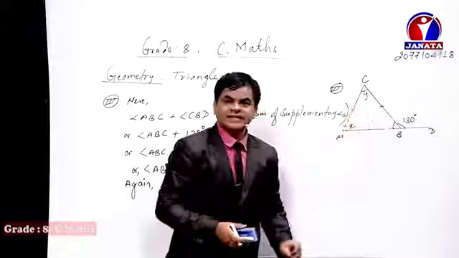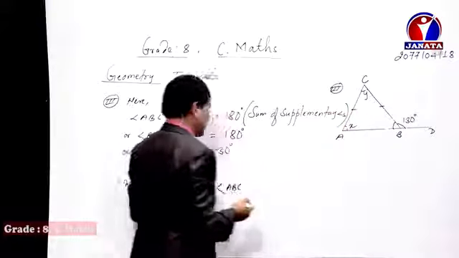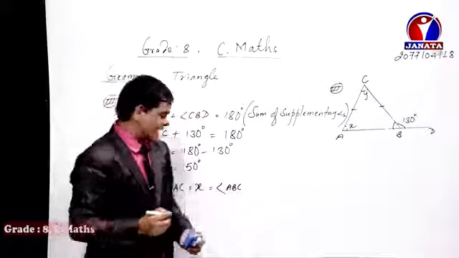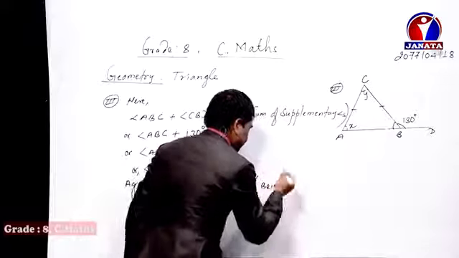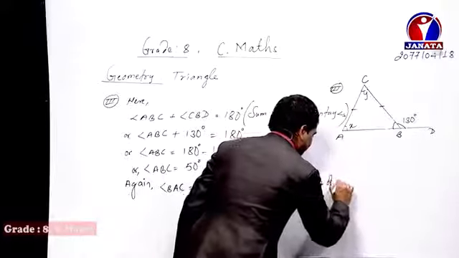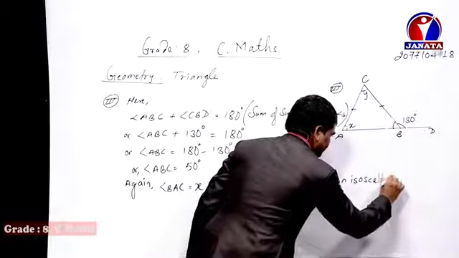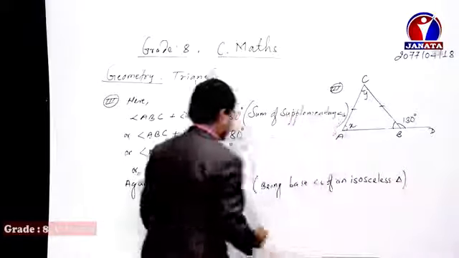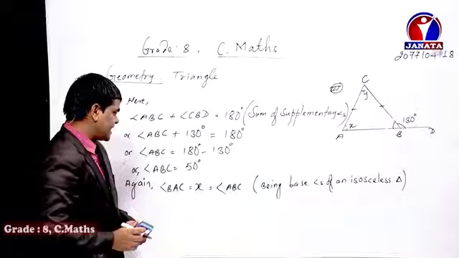Because there is the sign of two sides being equal to each other. As a result, it is an isosceles triangle. And right here, being base angles of an isosceles triangle.